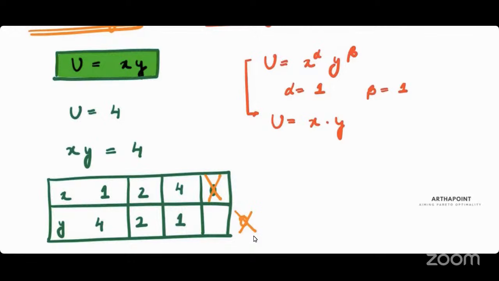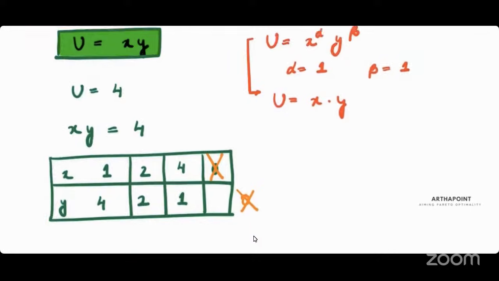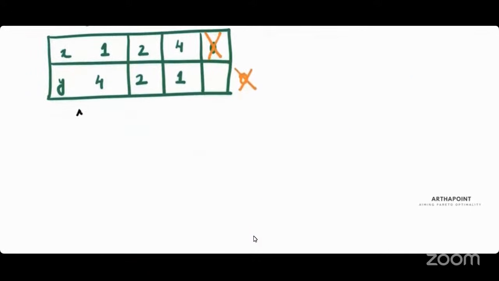When you intersect the X-axis, Y is held constant at 0, which is not going to happen here. Otherwise, I won't get a utility of 4. When you intersect the Y-axis, X is 0. Again, it cannot happen here. So because X and Y cannot be 0, you cannot intersect the X or the Y-axis. So the curve that you get is something like this.